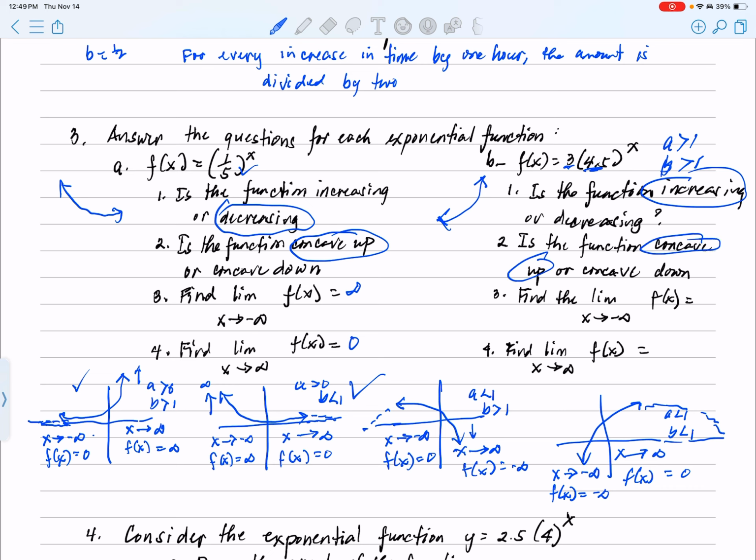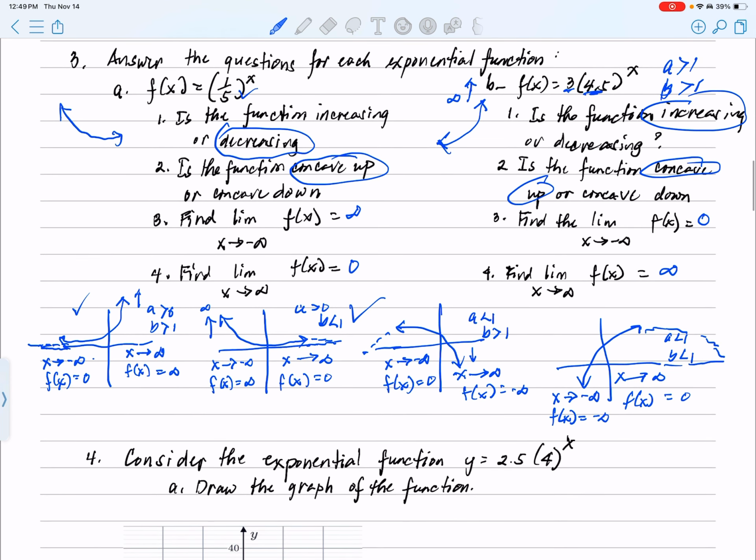So the limit as x approaches negative infinity, the function is 0. When x approaches positive infinity, the function is infinity. Look at that, going up. So it's positive infinity. All right. That answers question number 3.